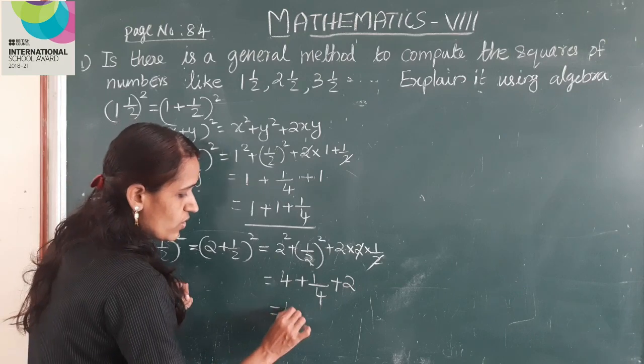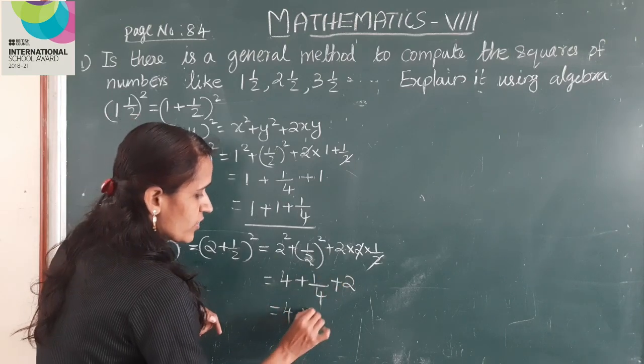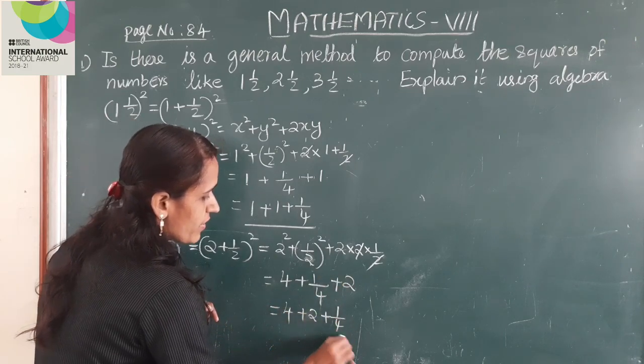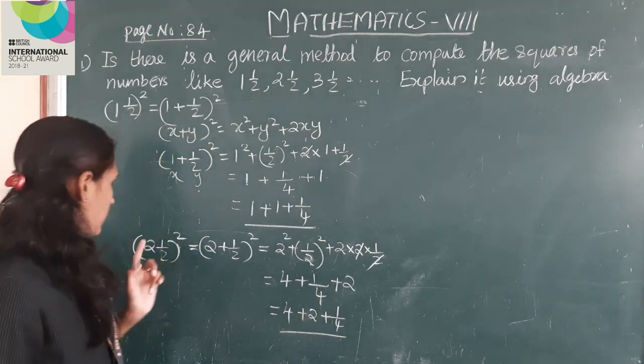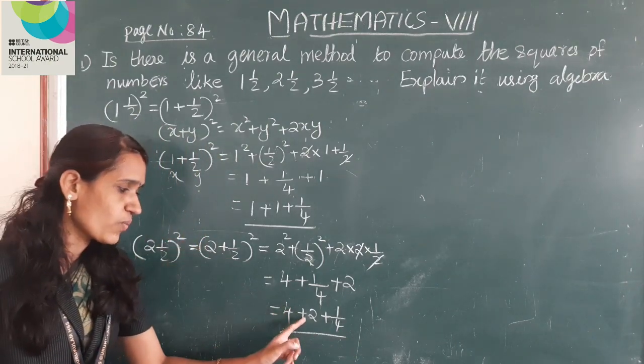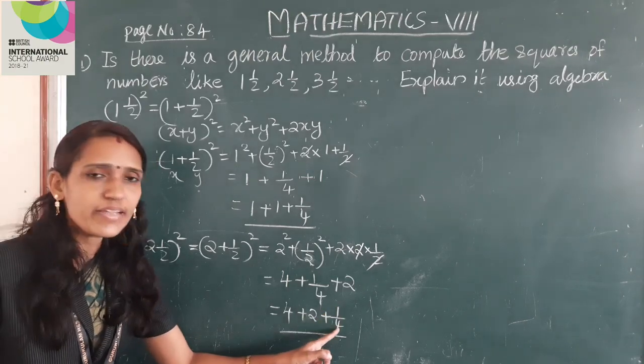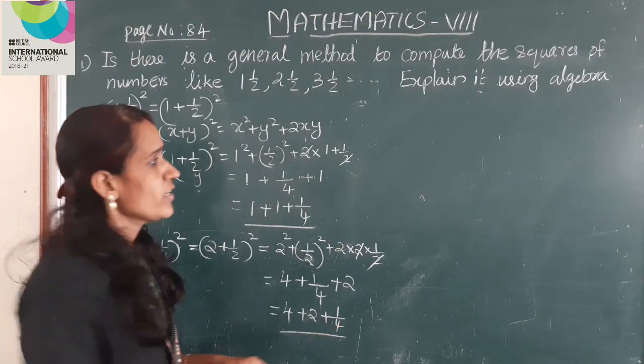This is equal to 4 plus 2 plus 1 by 4. So 2 1 by 2 whole square is 4 plus 2 plus 1 by 4.